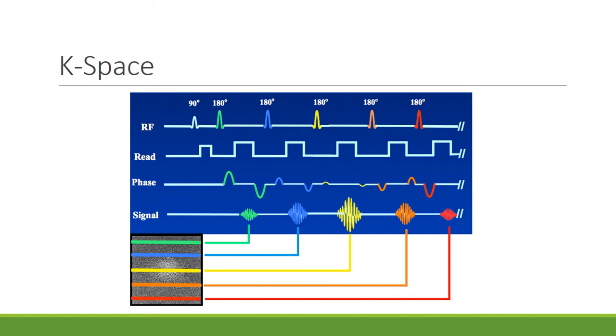As you see in this picture, the green echo will be filled in the green line of the k-space, and also the blue echo will fill the blue line of the k-space, and so on. So instead of filling just one line of the k-space, multiple lines will be filled in this sequence.